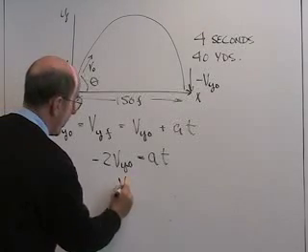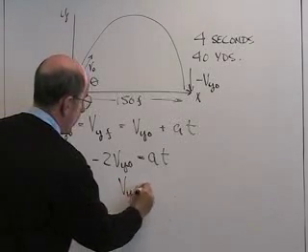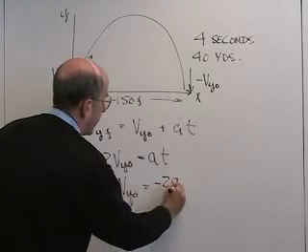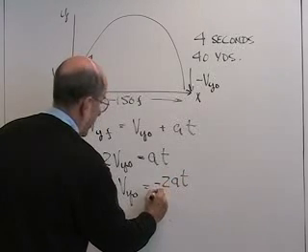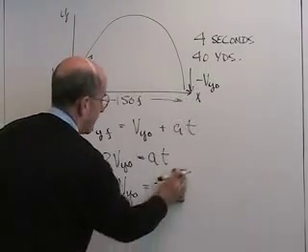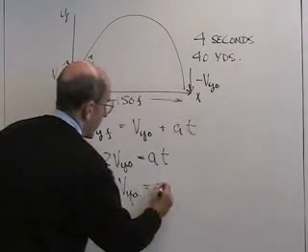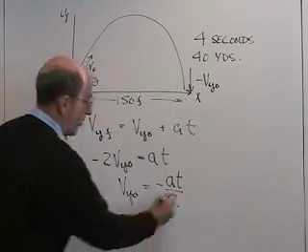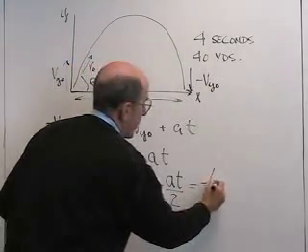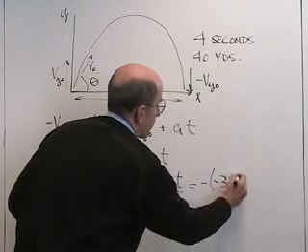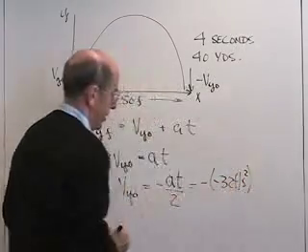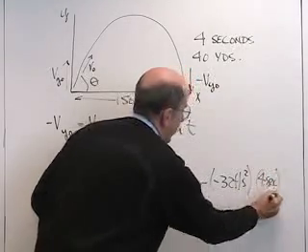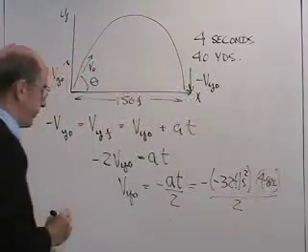And so Vy0 is equal to minus AT over 2. And so this is equal to minus 32 feet per second squared, and the ball has to be in the air 4 seconds, divided by 2.